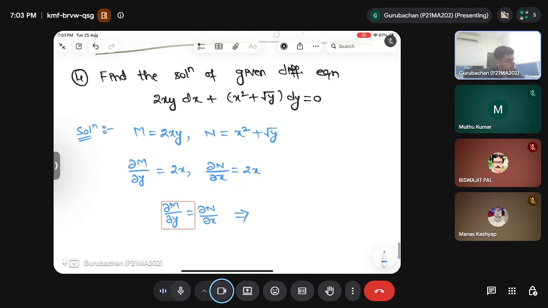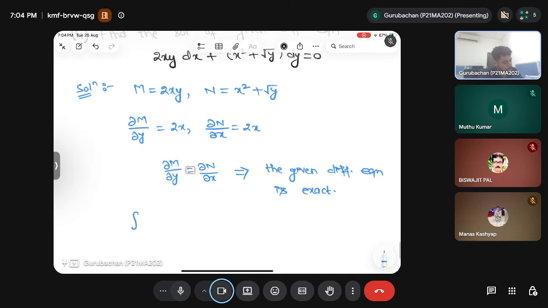So this tells us the given differential equation is exact. Now what is M dx? 2xy dx. Obviously we are integrating with respect to x, so we should treat y as a constant.